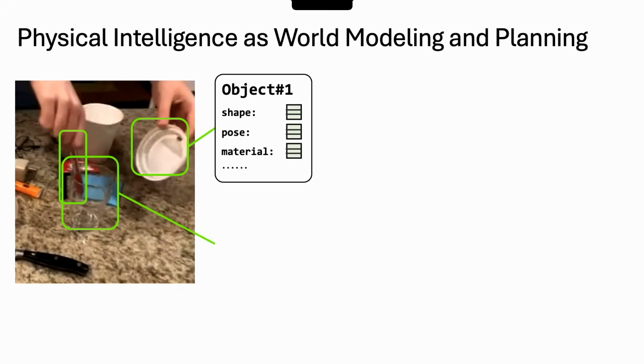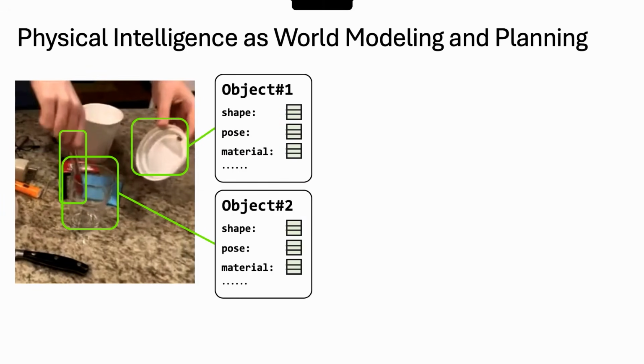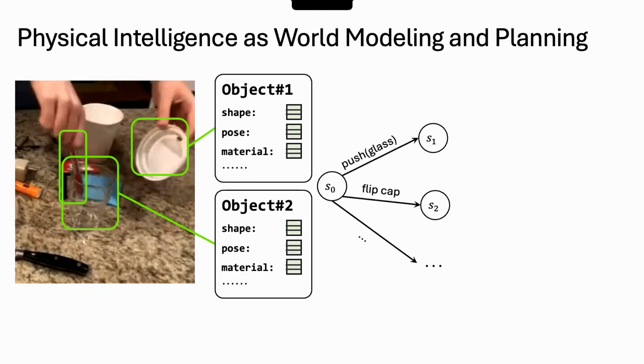And you not only understand the state in such an abstract way, you also understand different actions. Starting from the current state, you can say, what are possible actions that I can do in the current situation? You can say, okay, if I push the glass slightly to the left with my pen, what will happen? Basically, you're able to enumerate possible actions that you can do, and also imagine before execution what will happen if you take the action.